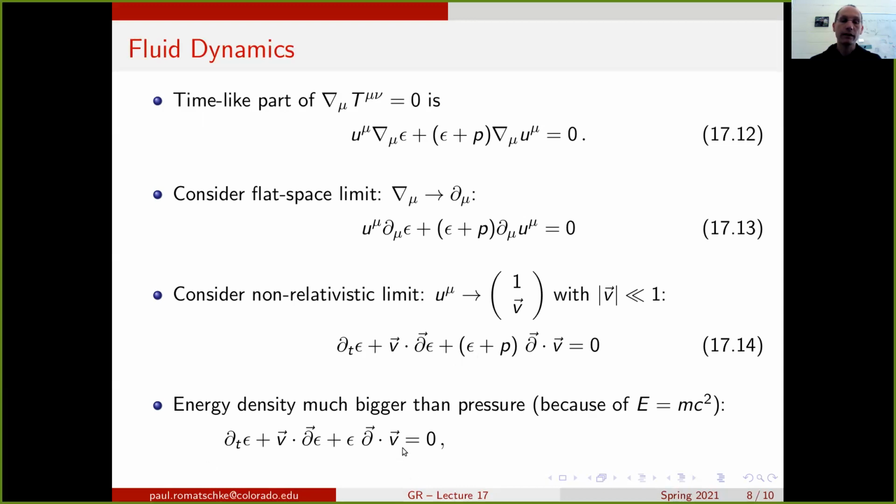So we find that in this second non-relativistic limit, the time-like part of our conservation equation turns out to be this equation here: time derivative of ε plus v dotted into the gradient of ε plus ε times the divergence of v is equal to 0. And this equation should be familiar to you, which is nothing else but the well-known continuity equation in non-relativistic continuum mechanics.